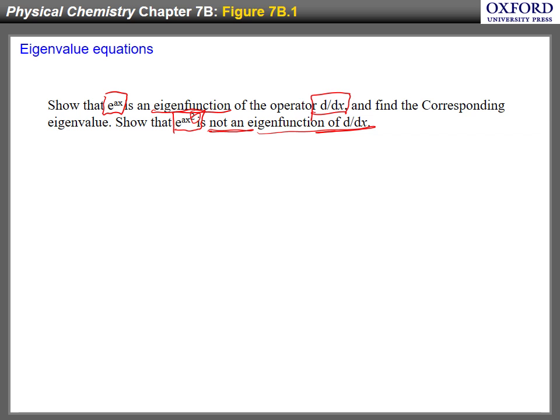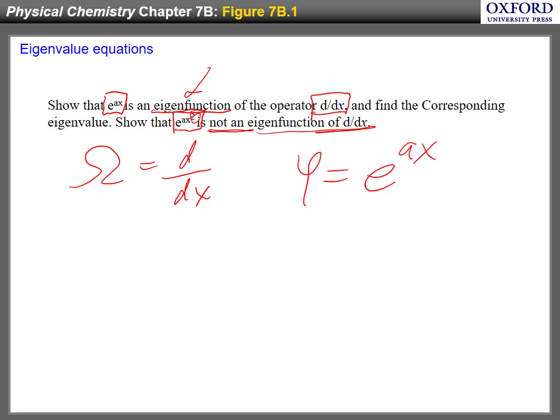So let's put everything together. Our operator, omega, is d over dx, and our phi is e to the ax, right? So omega phi is d/dx of e to the ax.